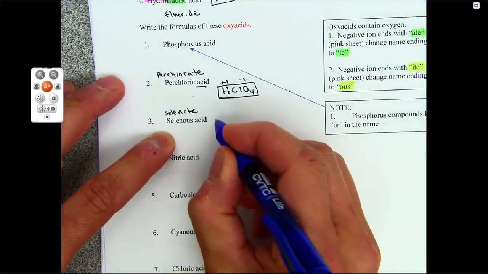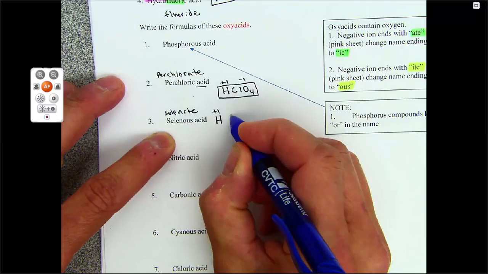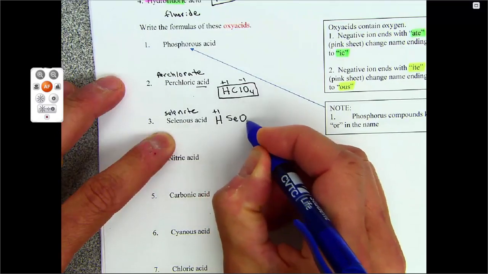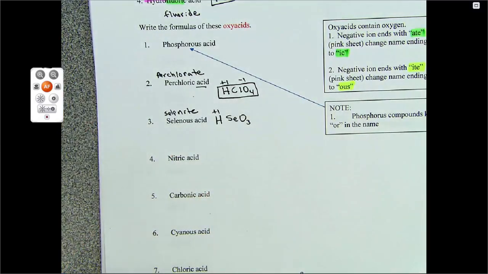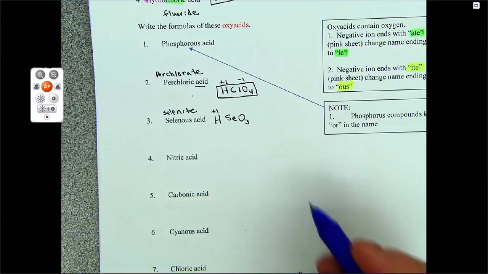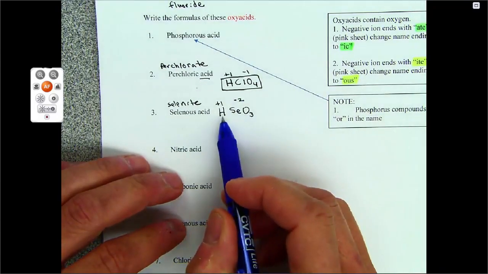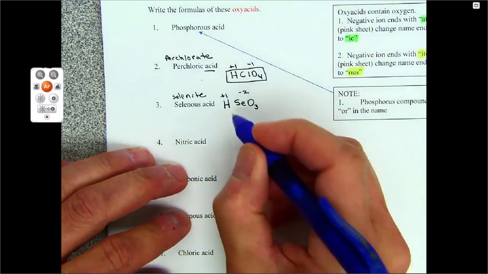It would be the same as hydrogen selenite. Now SeO3, let me look it up here. Selenite, SeO3, -2 charge. So if that is -2, we're going to need 2 hydrogens, right? 2 hydrogens.